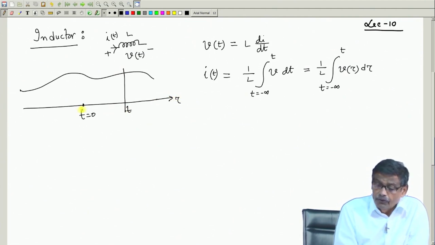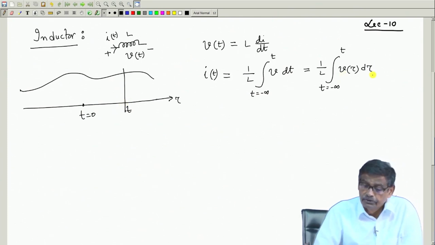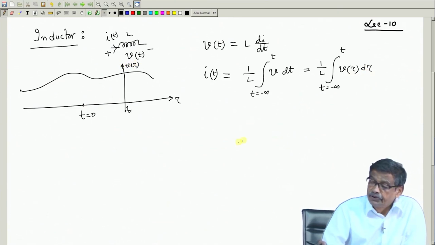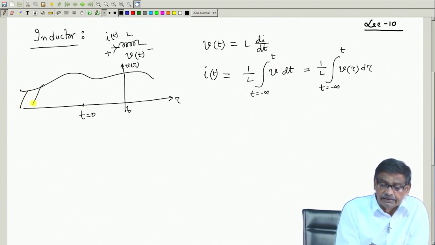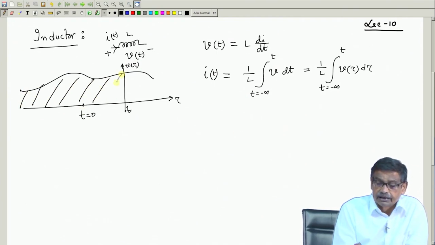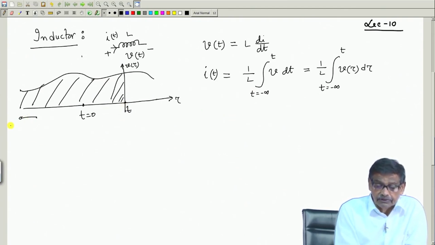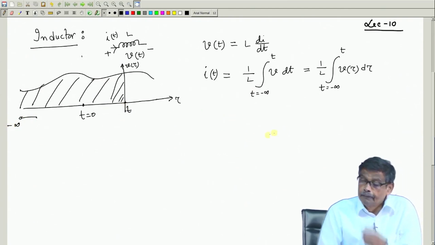You require all the values of the voltages till time t. V(tau) d tau, if you integrate, is the area under this curve, as I told you last time, and you have to take it from minus infinity till time t.